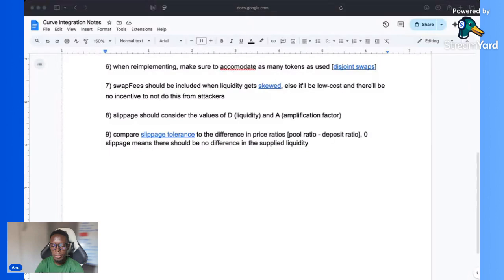The same for deposits. When you get to deposit the value, the initial deposit and the final deposit will be checked, set into a ratio. Now, from that deposit ratio, from the pool ratio, your tolerance could be calculated. But now, if you're banking on just one of those things and not both of them, the difference between them is where you should expect that is checked, not the other way around, not individually.